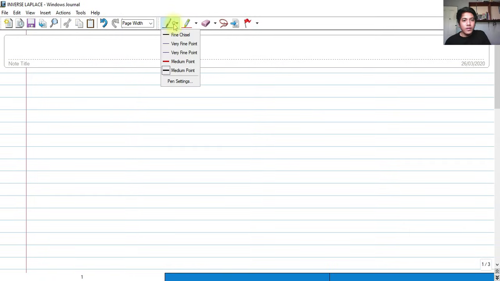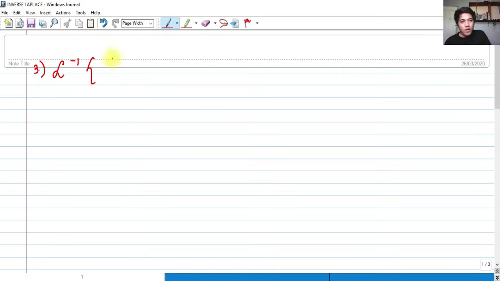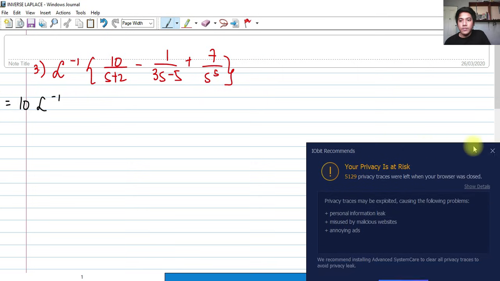So for number 3, what we are going to do is to find the inverse Laplace of 10 over s plus 2 minus 1 over 3s minus 5 plus 7 over s raised to 5. Again, applying the property of inverse Laplace, I can distribute the inverse Laplace here.